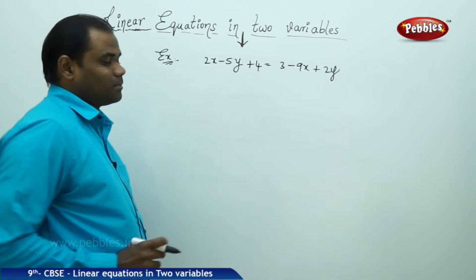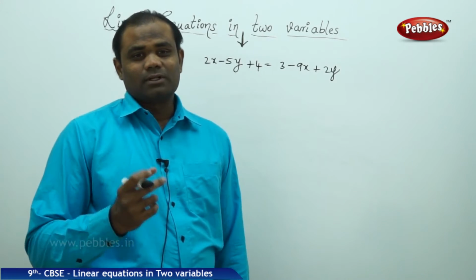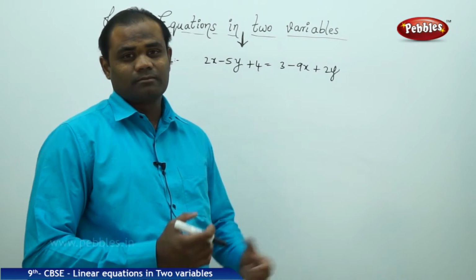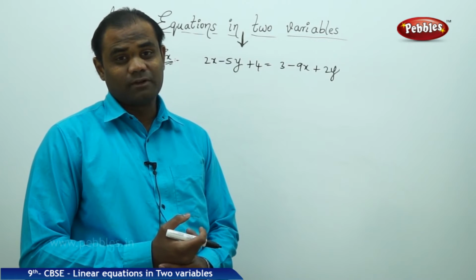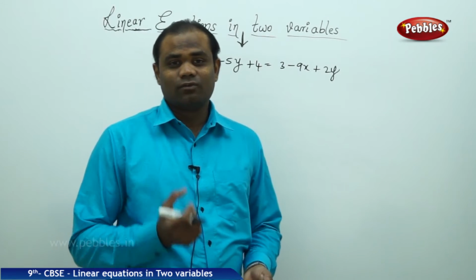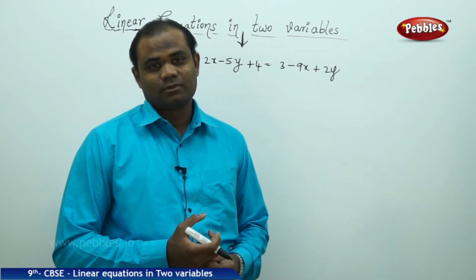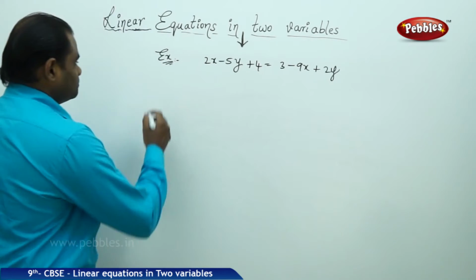Before we do this example problem, one thing is for sure that we need to justify only after the complete solving. Bring it into the most simplified form and then justify for a linear equation in two variables x and y. So let's take this example problem, investigate it.